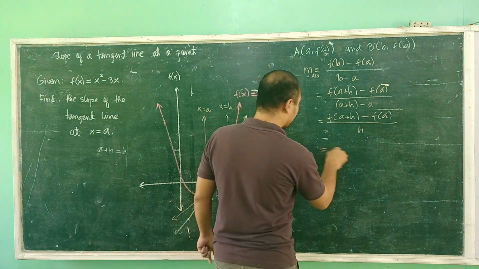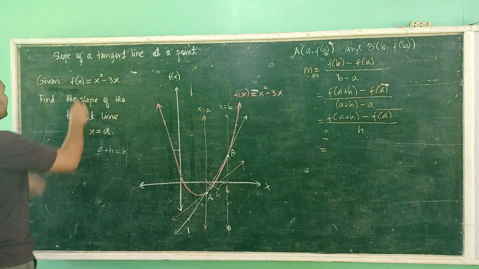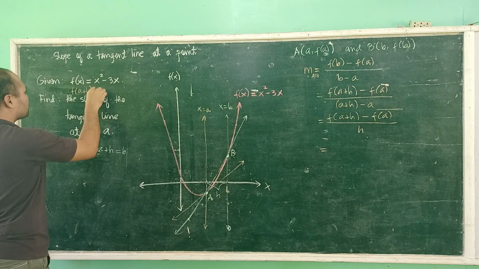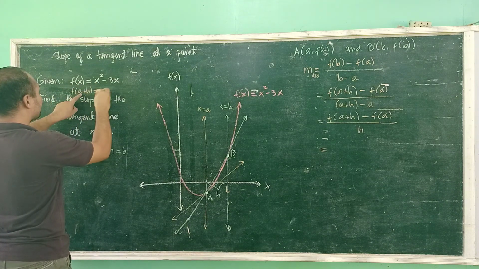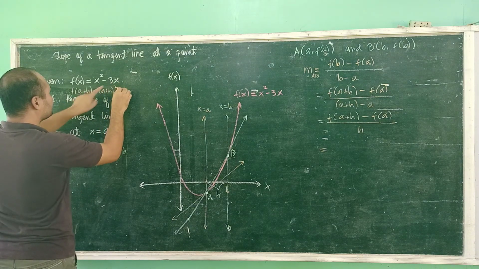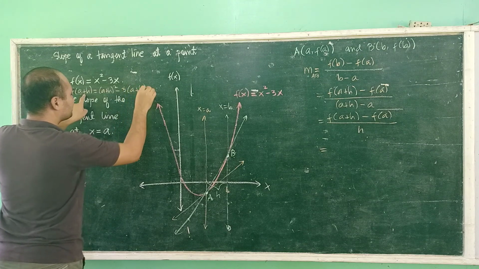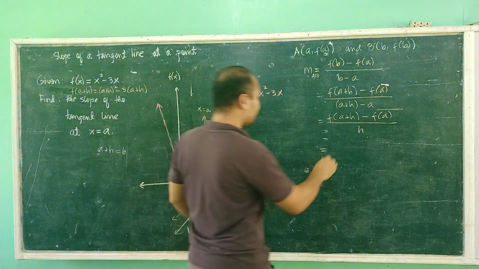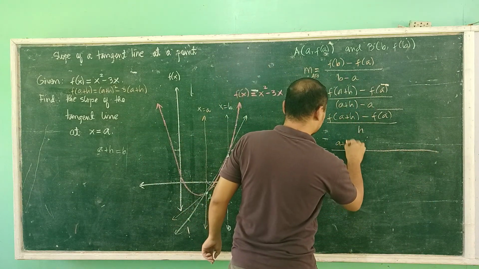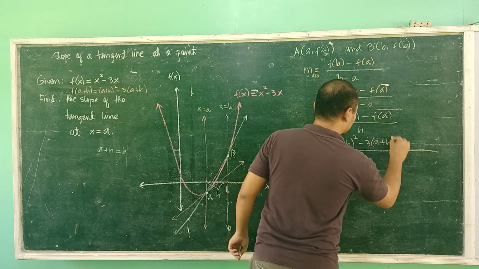And again, we can calculate the value of f of A plus h. We go back here, f of x is defined like that, so f of A plus h is just A plus h squared minus 3 times A plus h.